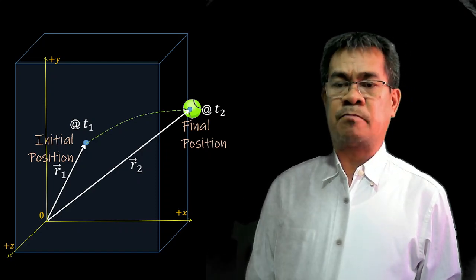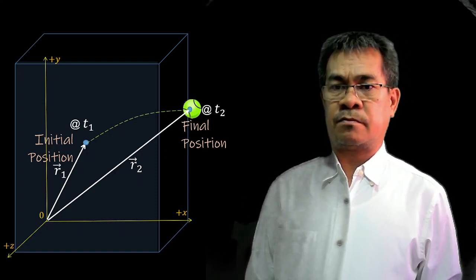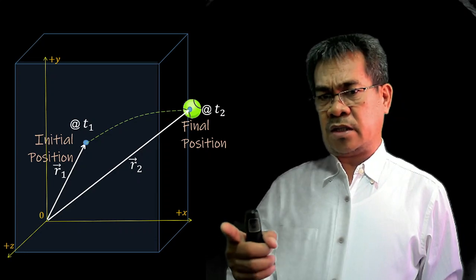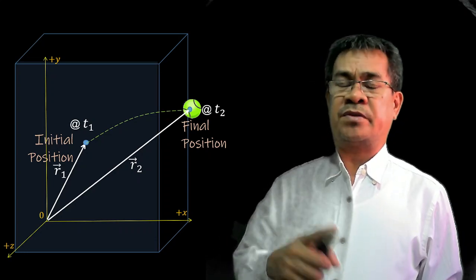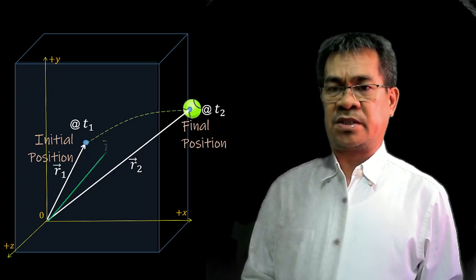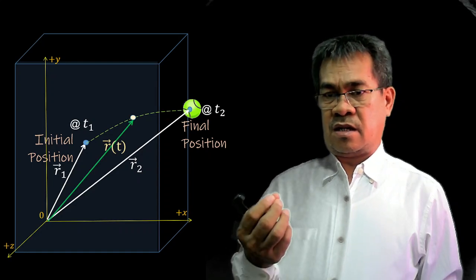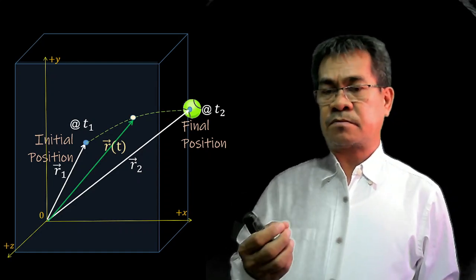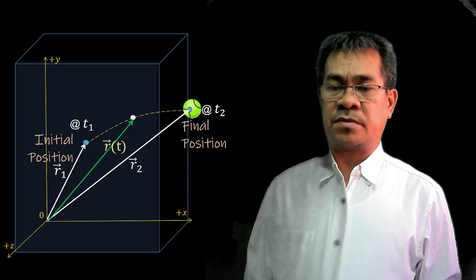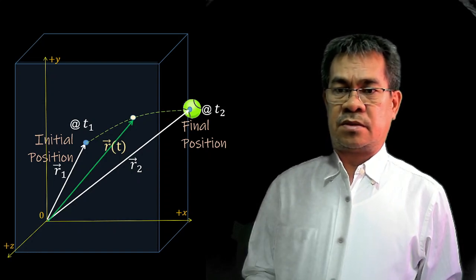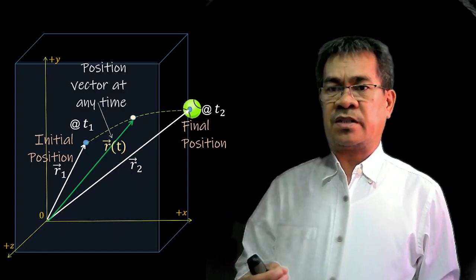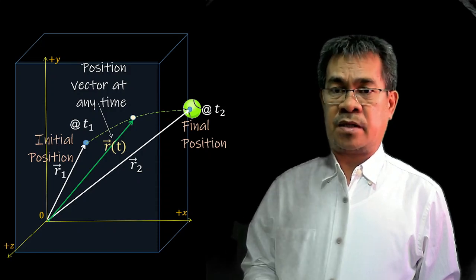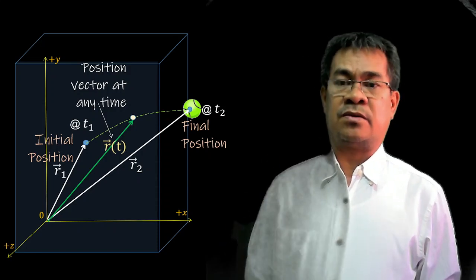Now, at any time of travel from t1 to t2, we can represent that as, let us say, r, which is a function of time. So we call this the position vector at any time between t1 and t2.